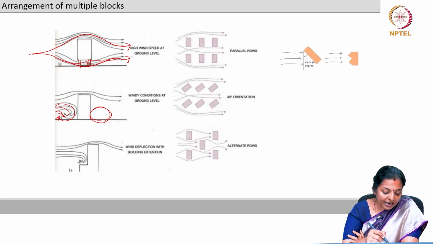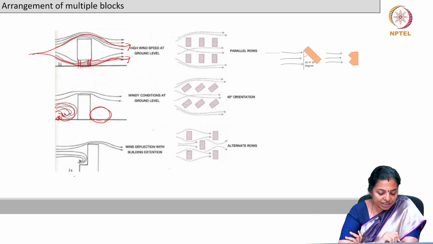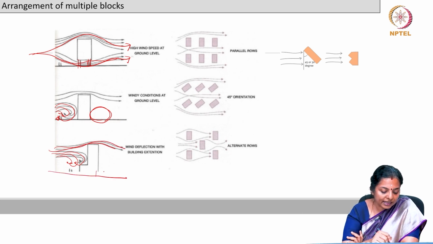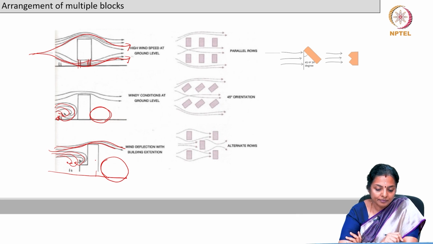So, when you have a configuration as such, there will be a small wind deflection in this area and the wind would still slide over the building and you would have a wind shadow region.